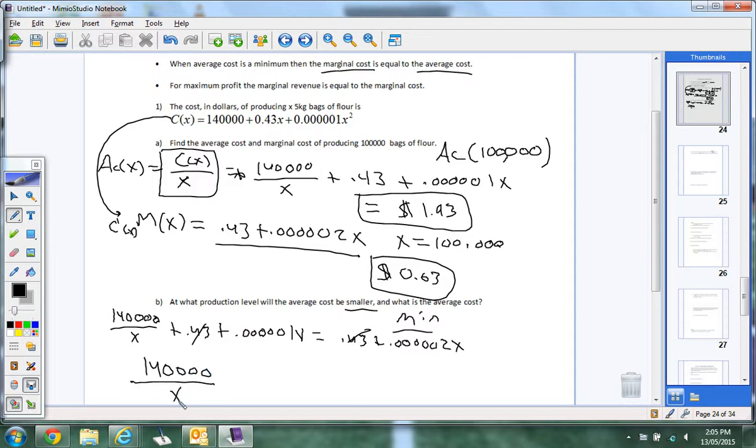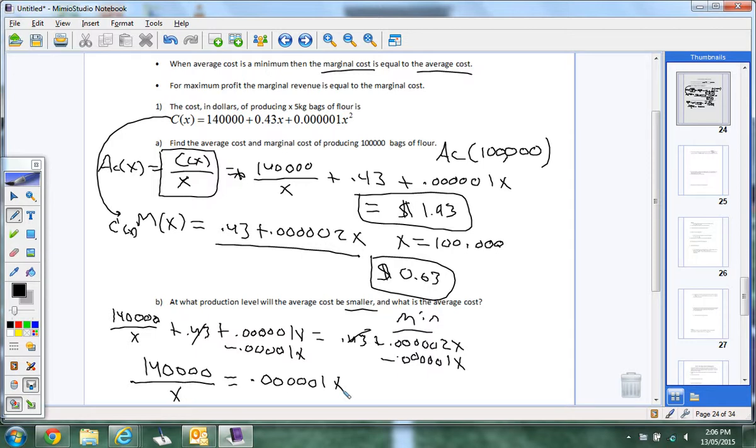And I'll show you why. I like to get this by itself, and I'll show you why after this next step. So 0.0002x minus 0.001x is just 0.001x.